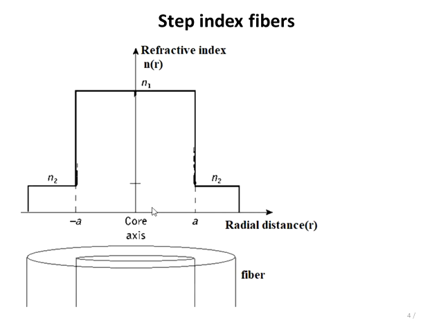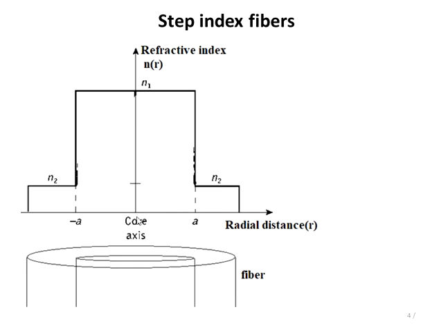At the center of the core, the radial distance is 0. The radius of the core is A. So when r is equal to A, this is the point at the core-cladding boundary. After r equal to A, that is when the radial distance is greater than A, it is inside the cladding.